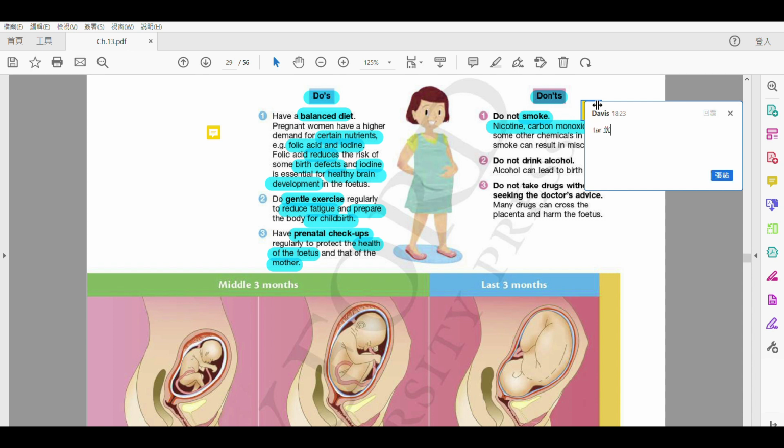Tar in Chinese 就係焦油啦。So one question is that do you think that tar will affect the health of fetus directly?